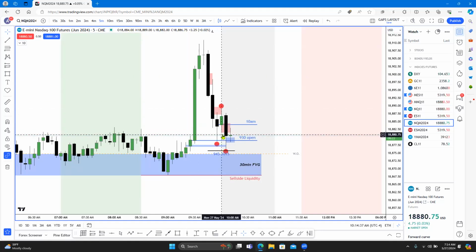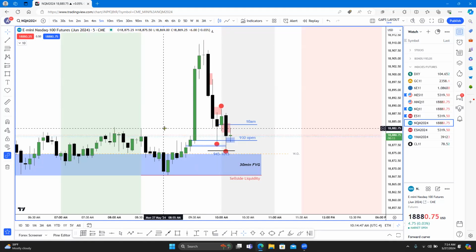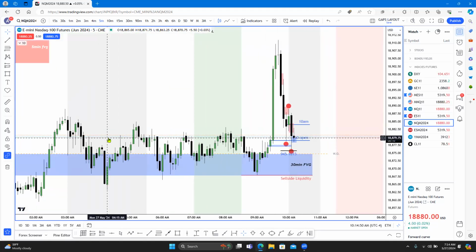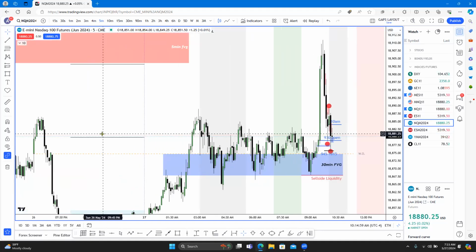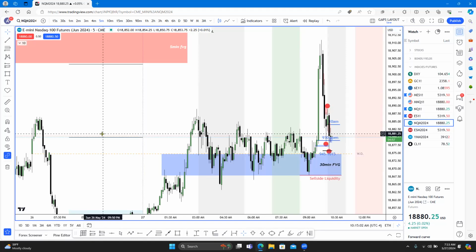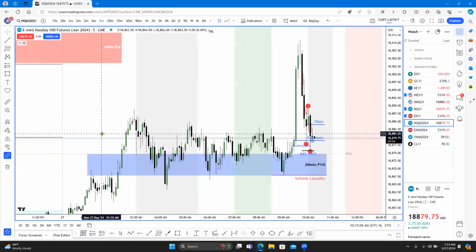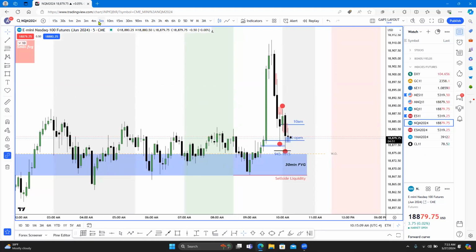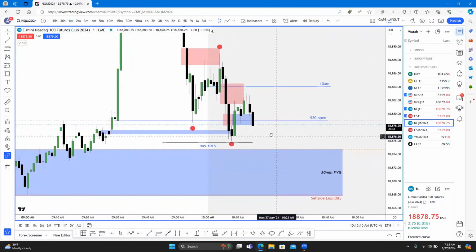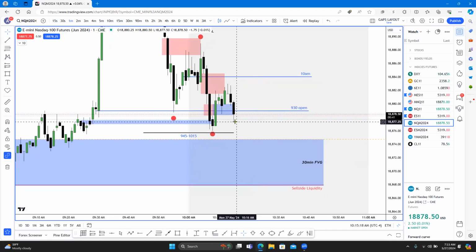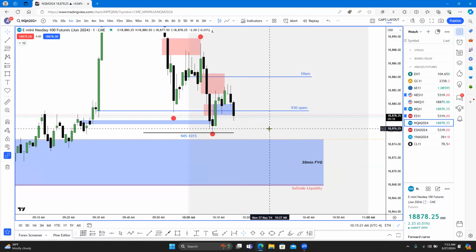So far, we have continued to close inside this 5 minute, new 5 minute candle in here. 10:15.